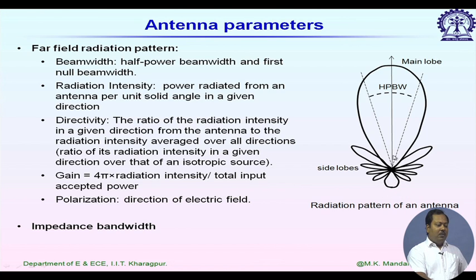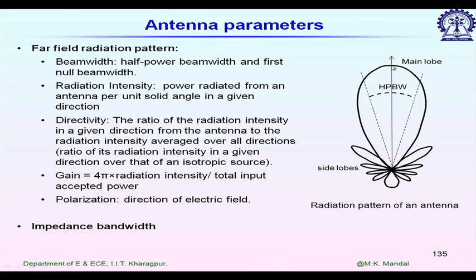Now, one more important quantity is the beam width of the antenna. We can define beam width in two ways: half power beam width and first null beam width. How do we define half power beam width? Let us say the gain of the antenna in the desired direction is given by x; then we come down by 3 dB, and the corresponding angular separation is known as the half power beam width of the antenna.